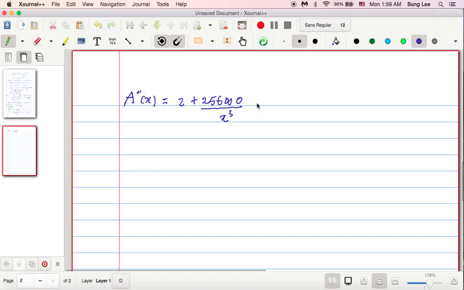This is always positive for all positive x values. The x is the length and also the width of the box, so of course it is always a positive value. Regardless of what x is, a double prime of x is always positive.